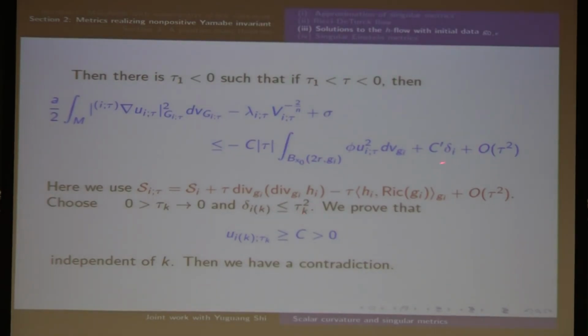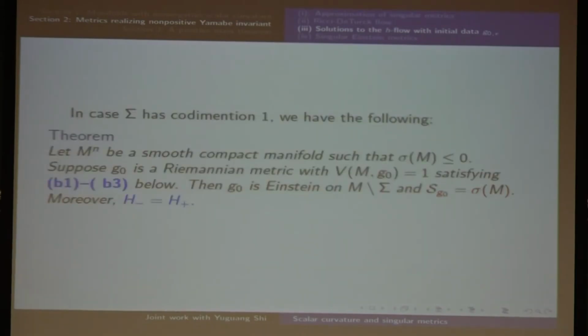So this one is small because everything is independent of I and tau. Then we can prove that, and finally, we prove that this one is bounded below. Therefore, the right-hand side is negative and the left-hand side is positive. Then we have a contradiction. So that is the proof of the result.